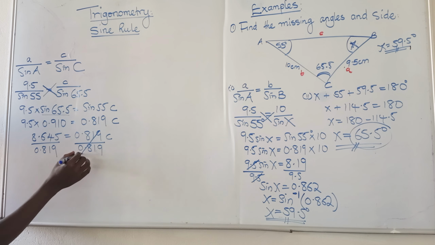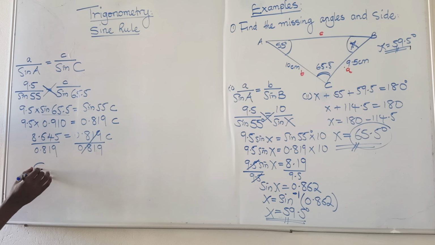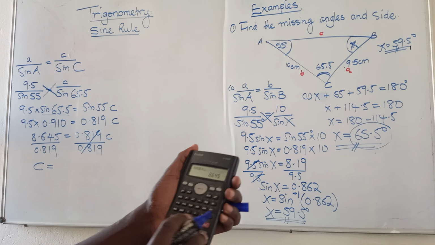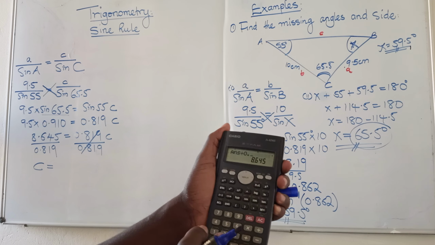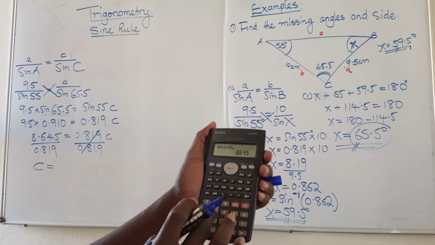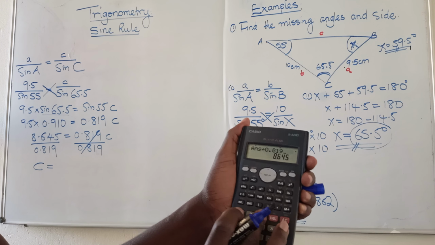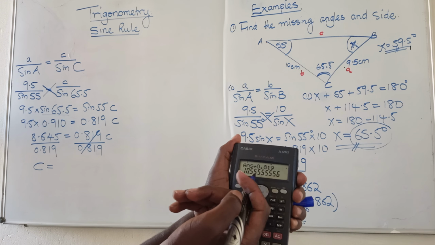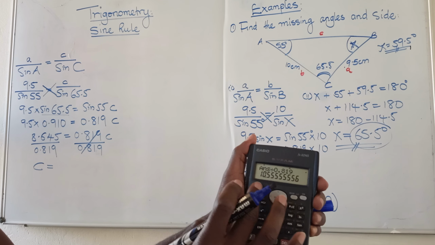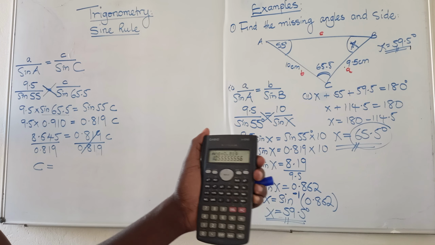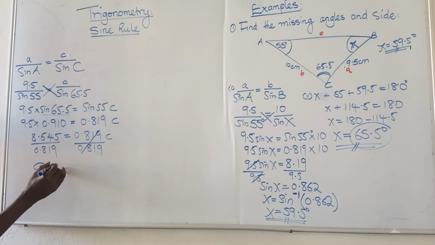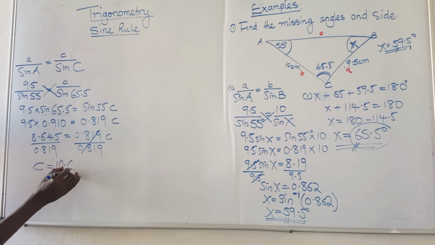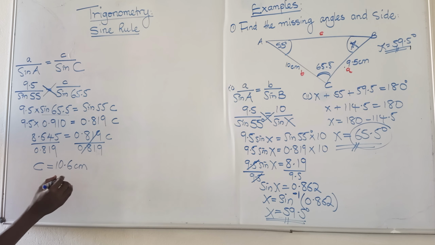This will cancel, remaining with C is equal to 8.645 divided by 0.819, which gives us 10.5555. When you round off to three significant figures, it will be 10.6. So C is 10.6 centimeters.